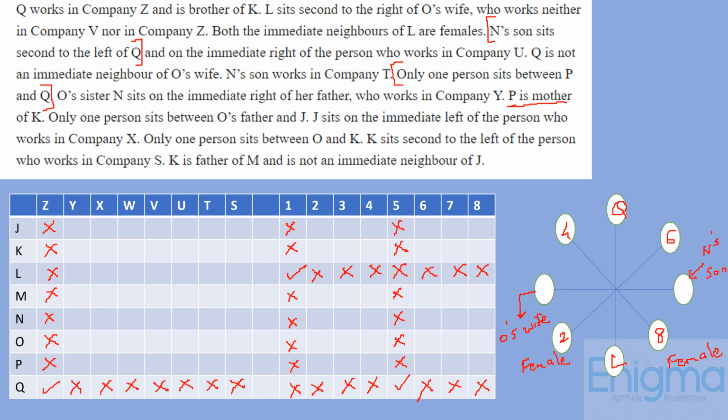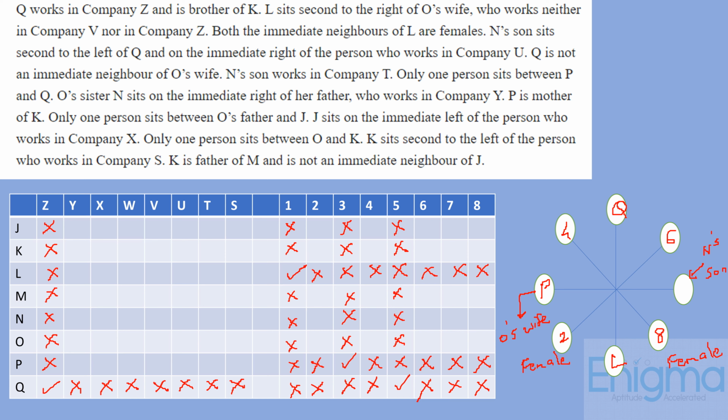That means P is a female and P is mother of K. So we can use this information. Only one person sits between P and Q, and hence P will be at position number 3. Hence P also becomes O's wife. So putting a tick mark for P on third position.